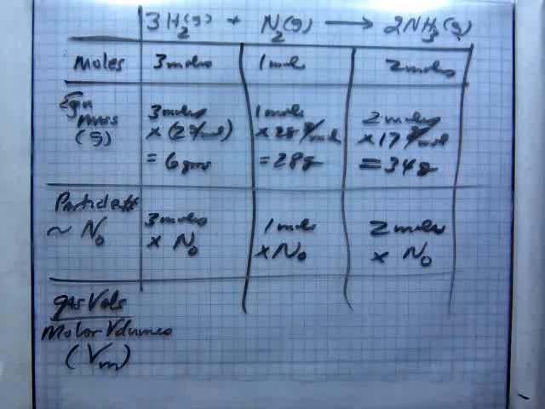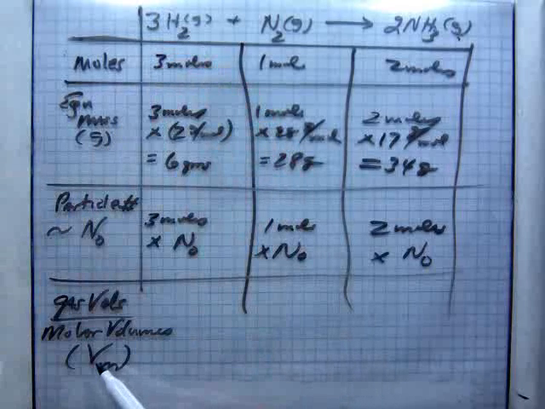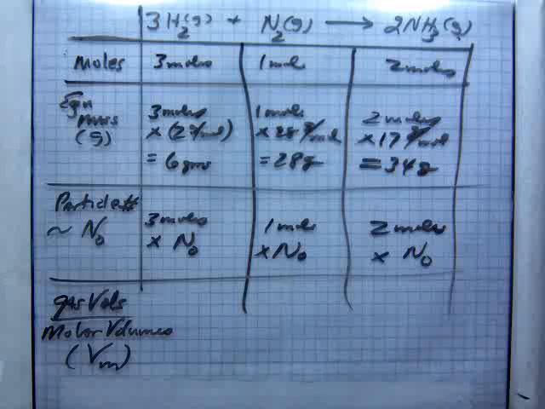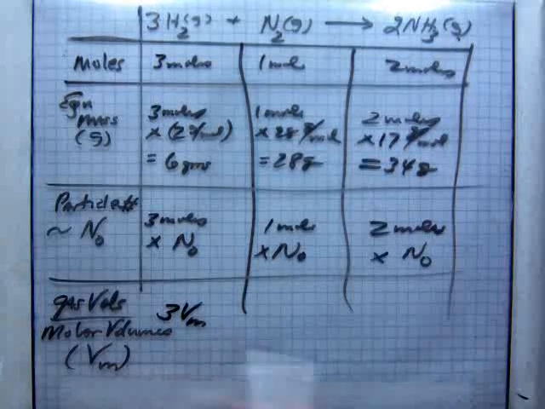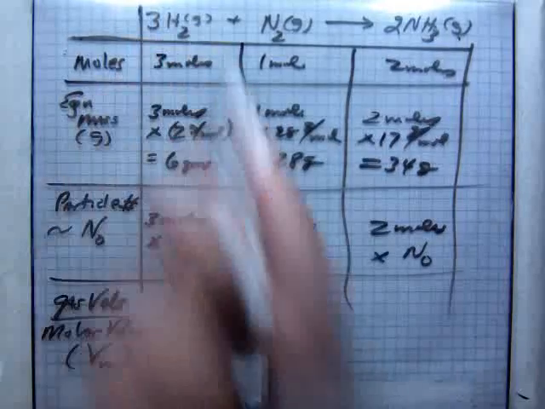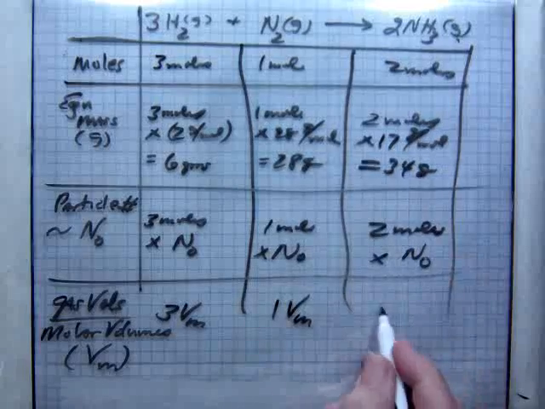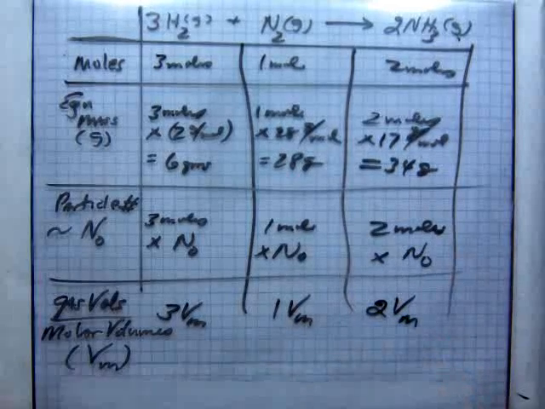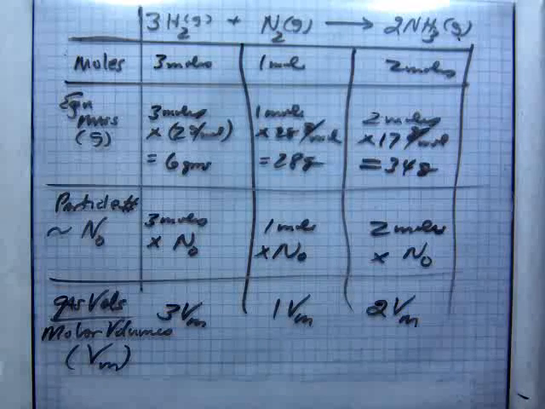And so the number of moles coefficient times Vm is the number of molar volumes of the equation. So we have 3 Vm, 3 molar volumes of hydrogen, 1 molar volume of nitrogen, and 2 molar volumes of ammonia.